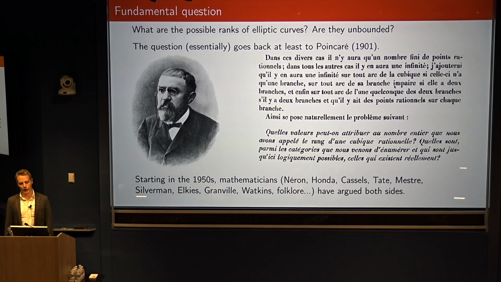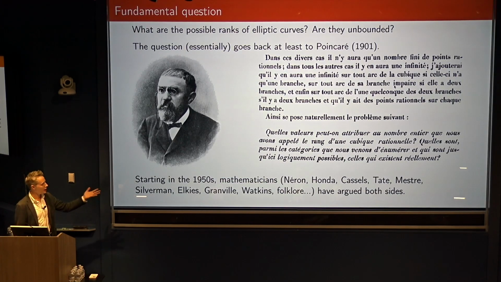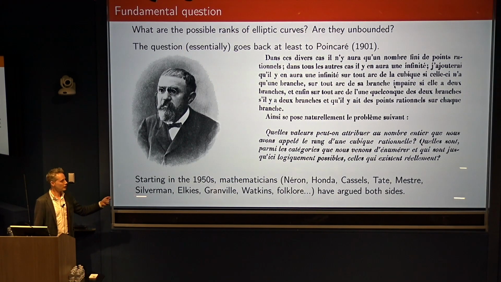And starting in the 1950s, mathematicians, I put a list here of many people who have contributed to it. Perhaps the one that's hardest to track down is folklore. Not sure exactly where their ideas come from, but still, we're arguing both sides of the question. Are they unbounded?